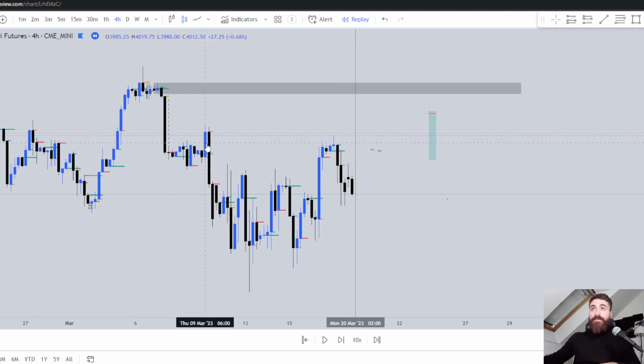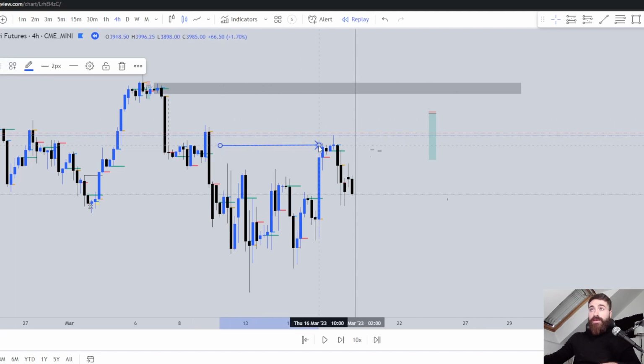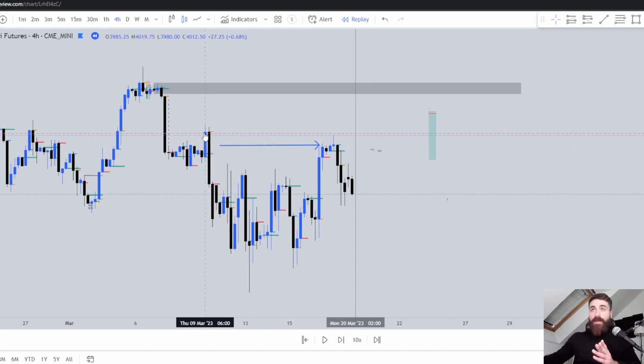This impulsive move was retested right here. What I mean by retested is that this is the upper candle which they bought to sell, and then they came back and they closed their position, which means that this is not an extremely high probability area to look for short setups from here.